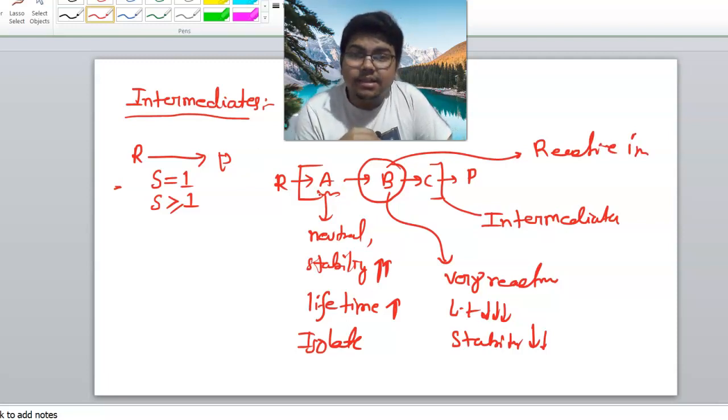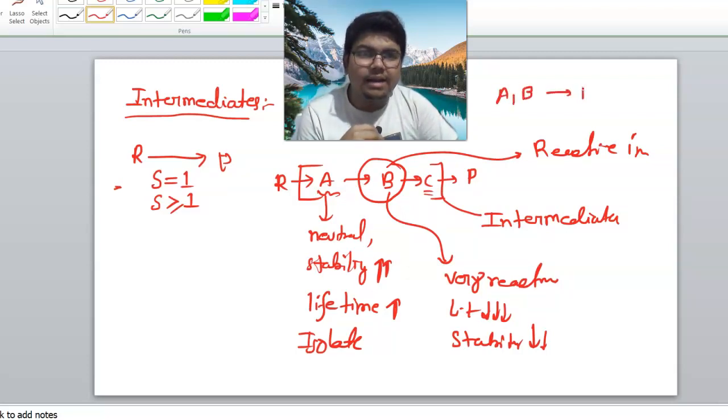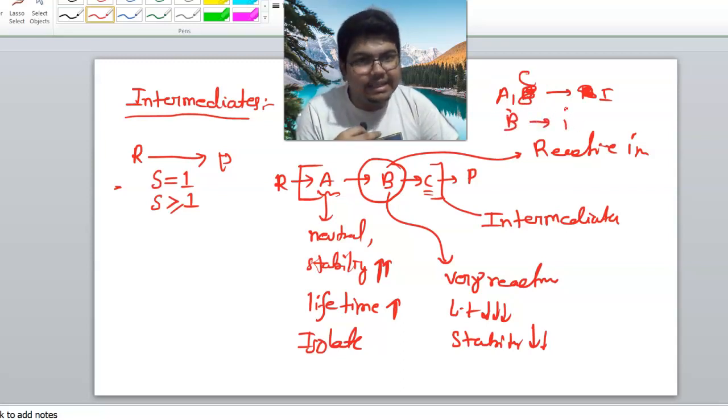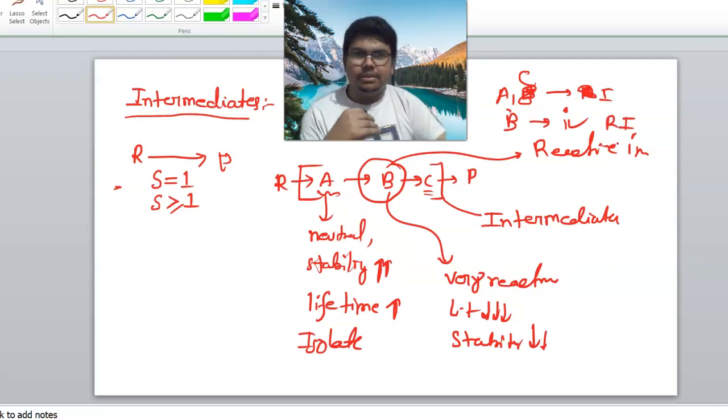But A is an intermediate, not reactive. Suppose C is similar to A. So A and C are intermediates only. B is an intermediate, and more specifically it is a reactive intermediate.